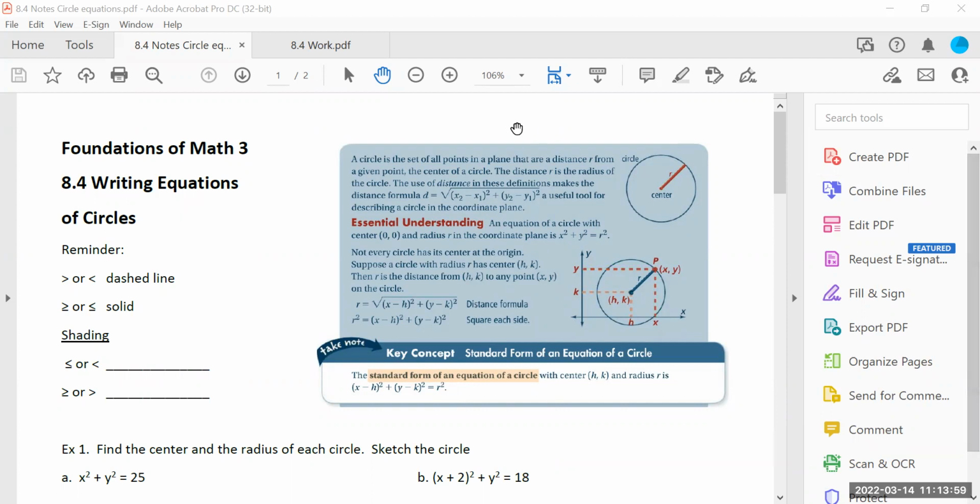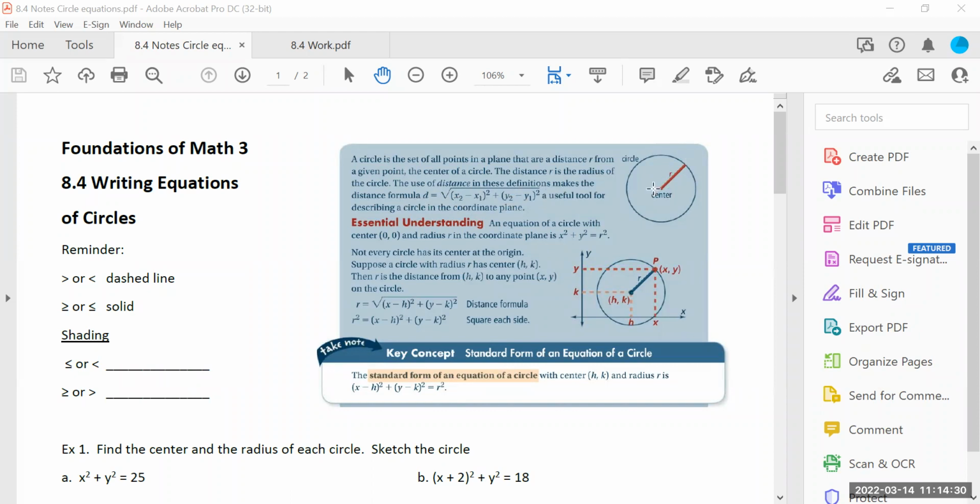The actual Math 3 class typically does a lot more with deriving this, working through why it's this way. For you guys, we're just going to practice using the formula. The distance formula: the distance is equal to the square root of the difference of the x's, x2 minus x1 squared, plus the difference of the y's, y2 minus y1 squared.